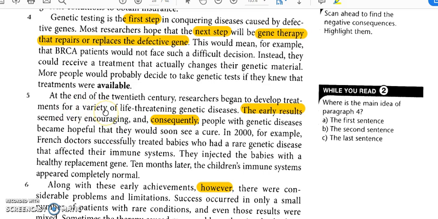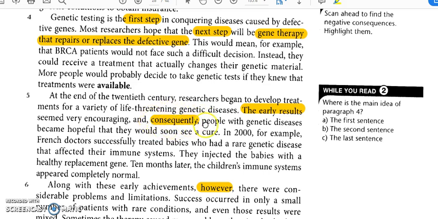As we continue to paragraph 5, it continues at the end of the 20th century. Researchers began to develop treatments for a variety of life-threatening genetic diseases. So, they're beginning to use this knowledge. The early results seemed very encouraging, and consequently, what is consequently?